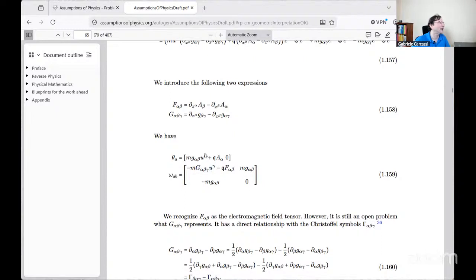And this G alpha beta gamma is basically some type of curl on the first index on G.